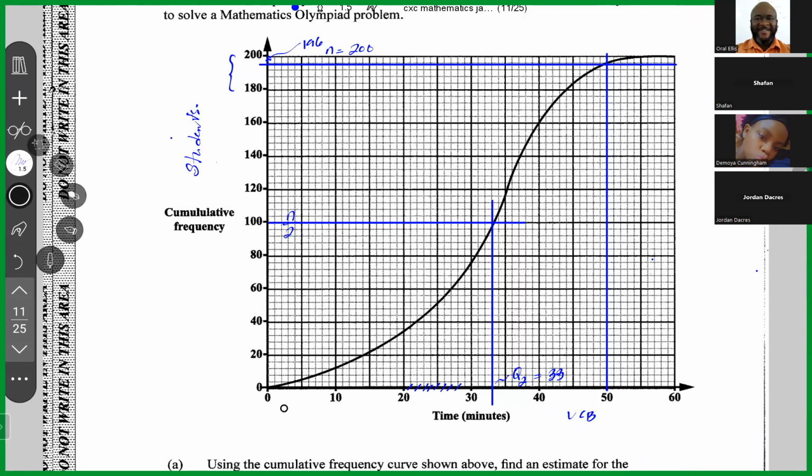So at 28, I'm going to draw a vertical line up. My objective is to see where it cuts the line. And where it cuts the line, I'm going to draw a horizontal line across.